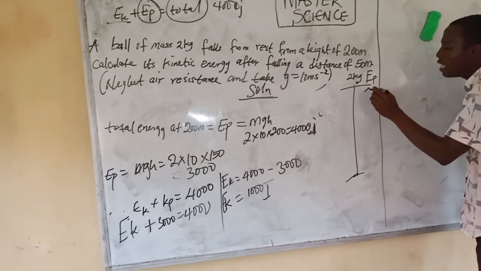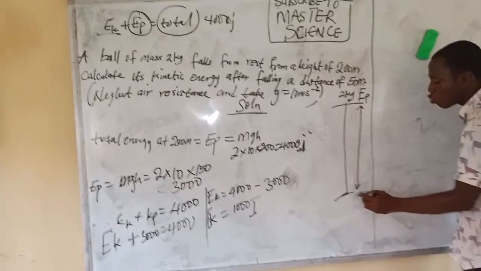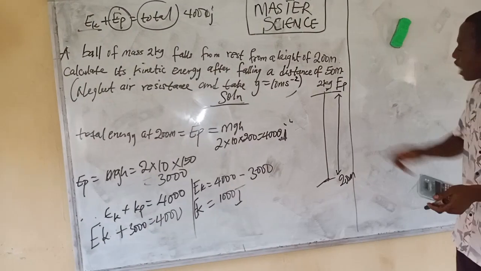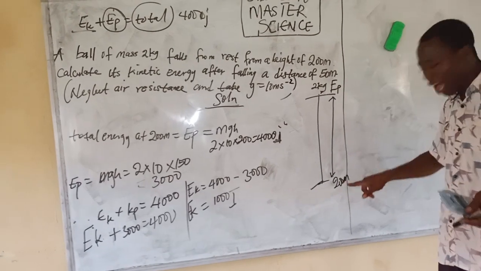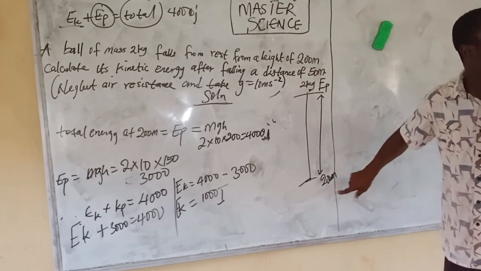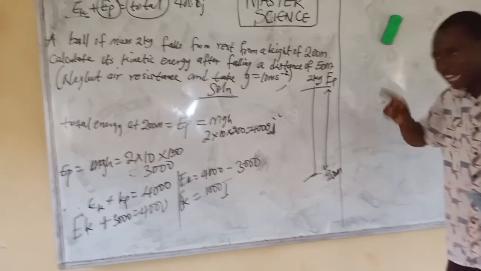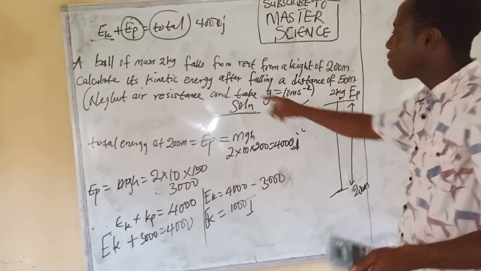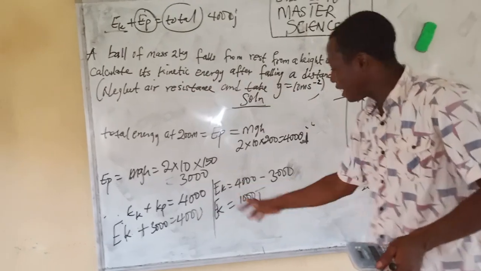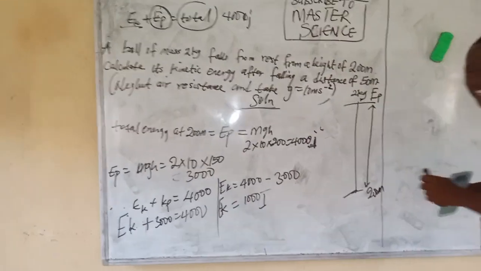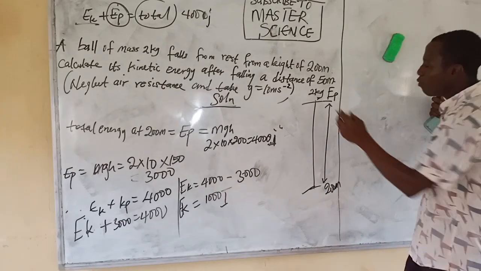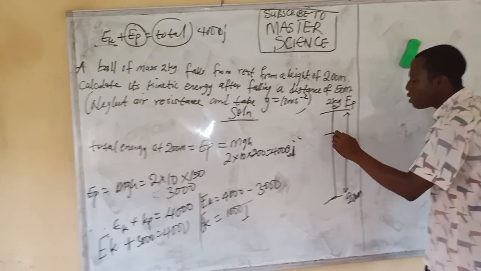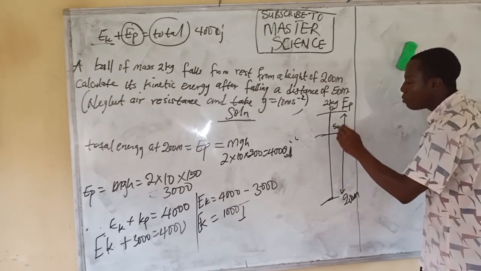The distance from up to down is 200, which means the total energy travels from up to down. Let's say we calculate the kinetic energy after the body has fallen a distance of 50 meters. When the body falls 50 meters, here is 50 meters.